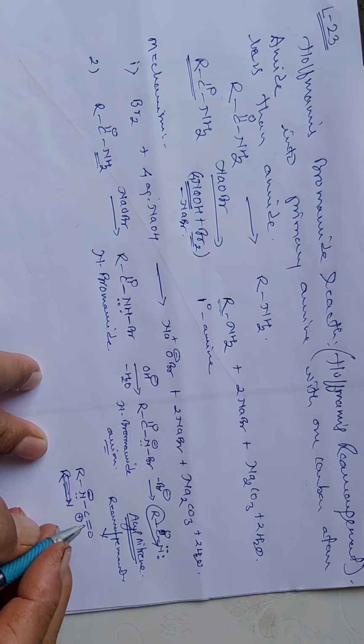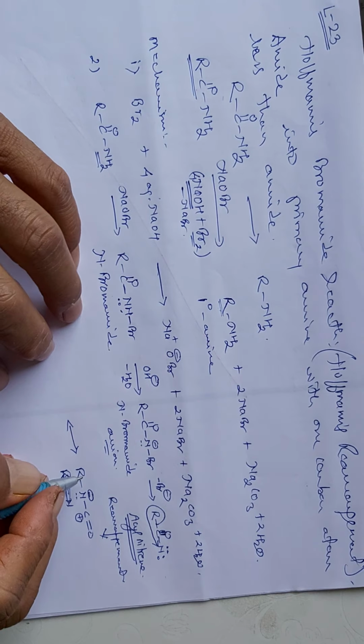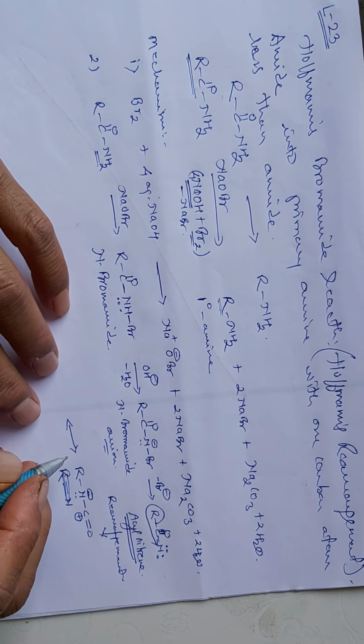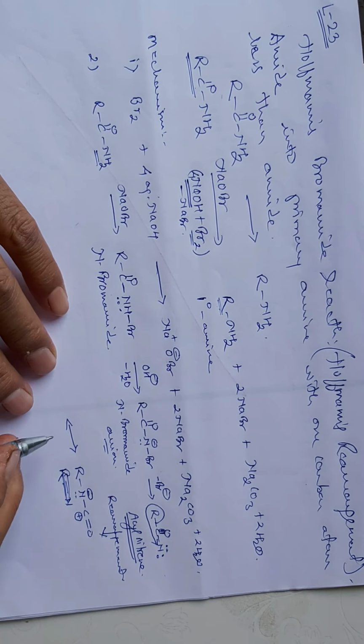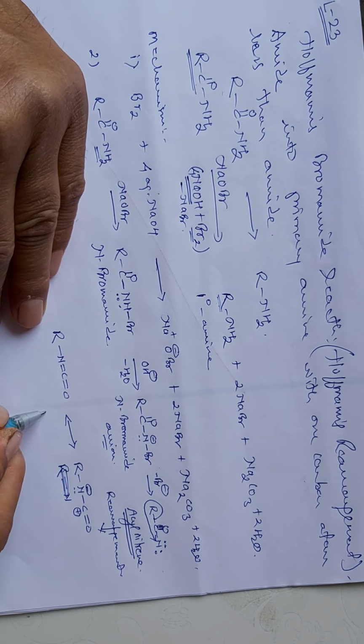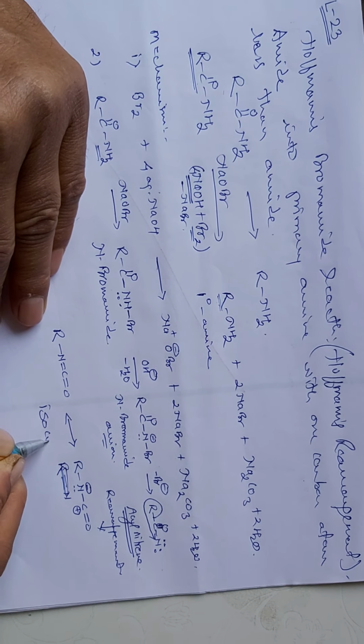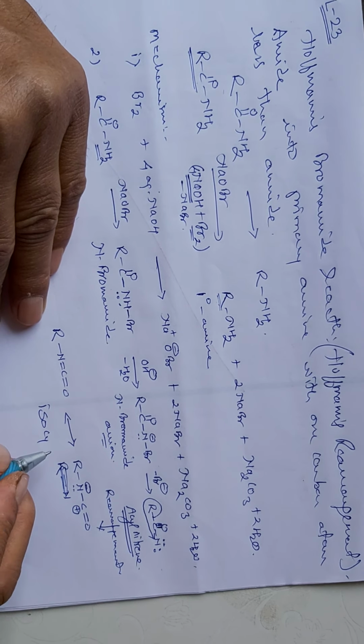This has a resonating structure in which the electron pair from the nitrogen is donated to the carbon, and you get R N double bond C double bond O. These are both resonating structures of the isocyanate.